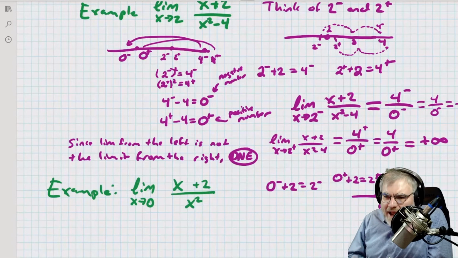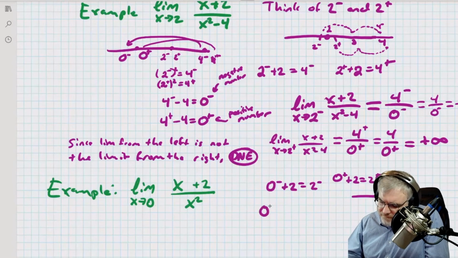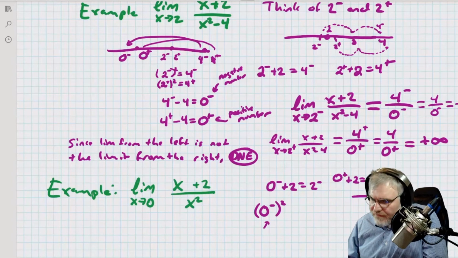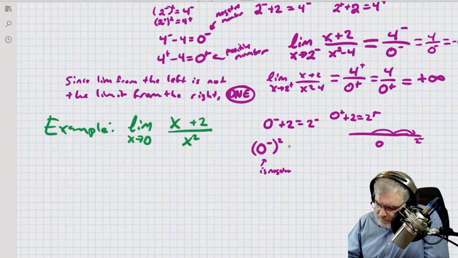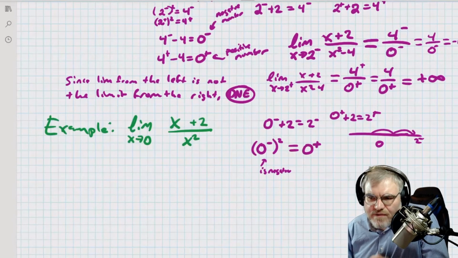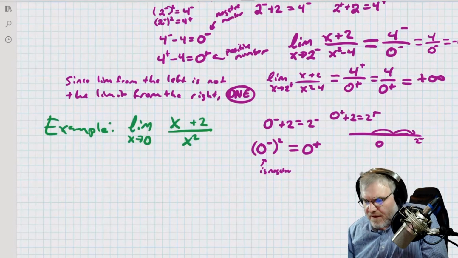Now, what happens to 0 left when I square it? Remember that 0 left is to the left of 0. So if I square 0 left, I'm suddenly to the right of 0.